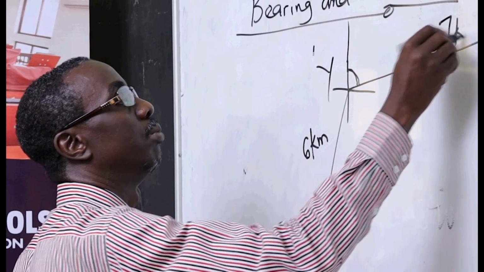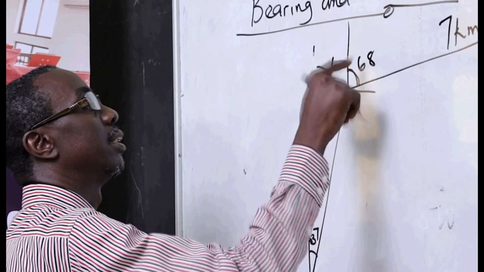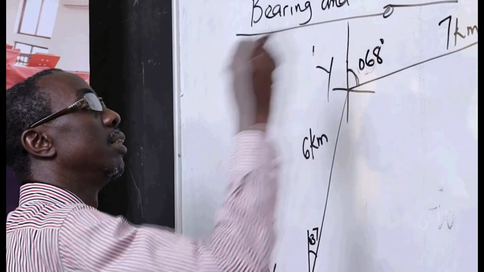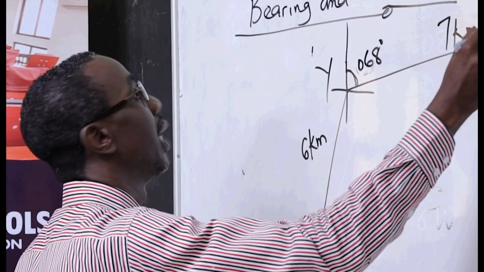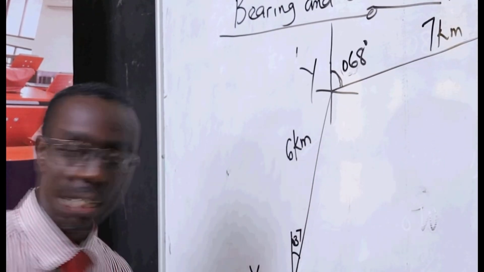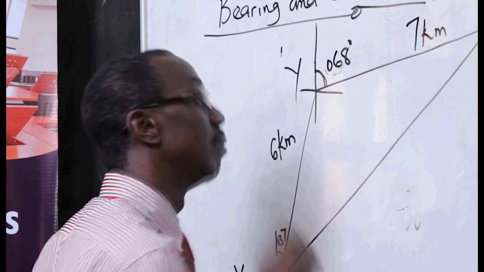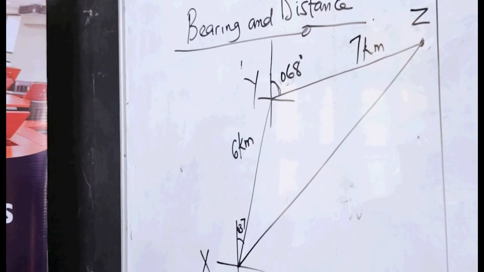This is my 7 kilometers. This is 68, I can still tell them it is 068. And this is point where now? Z. That's point Z. It is forming a triangle. That's a triangular movement.